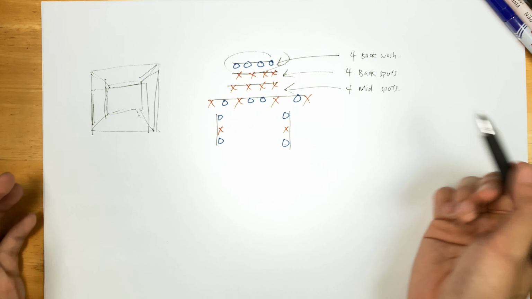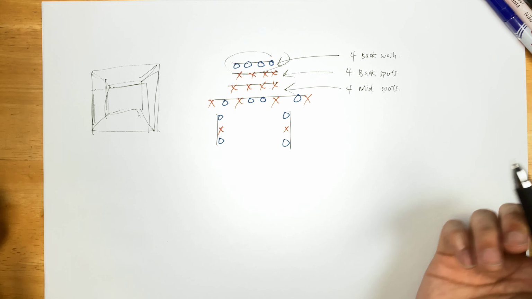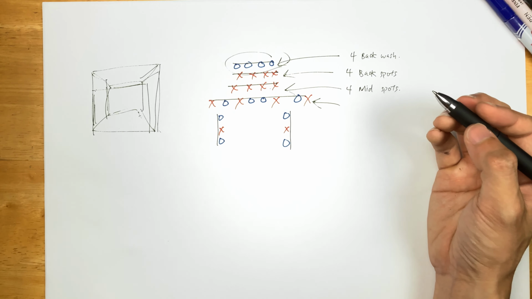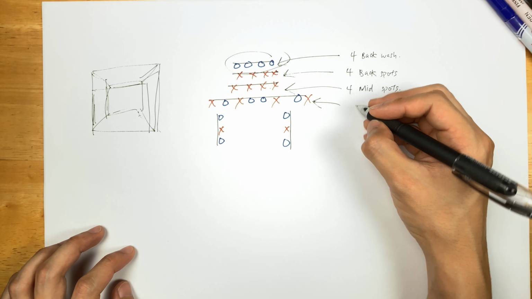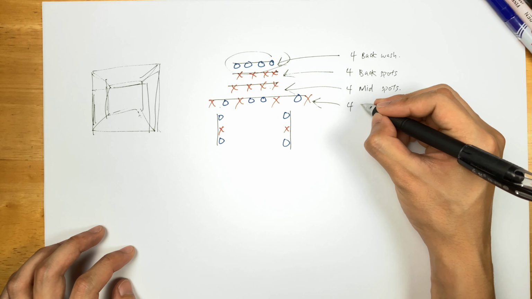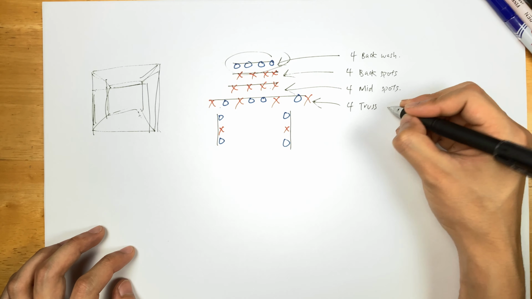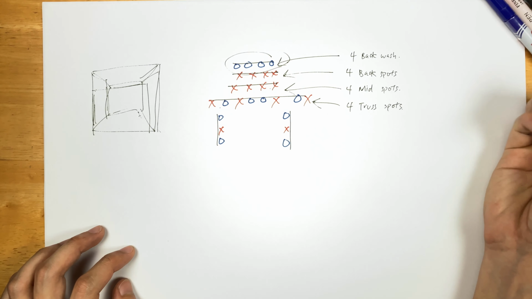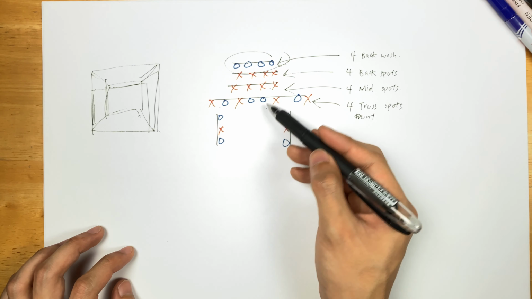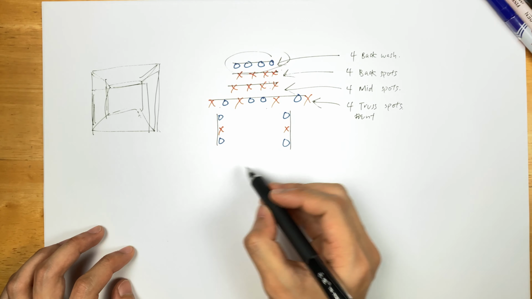Okay, is it back, mid, front, I don't know. Anyway, use names that you can remember and that still make sense to other people you work with. 1, 2, 3, 4. 4 truss spots, or front. Maybe you can say front also, because front, mid, back makes sense.